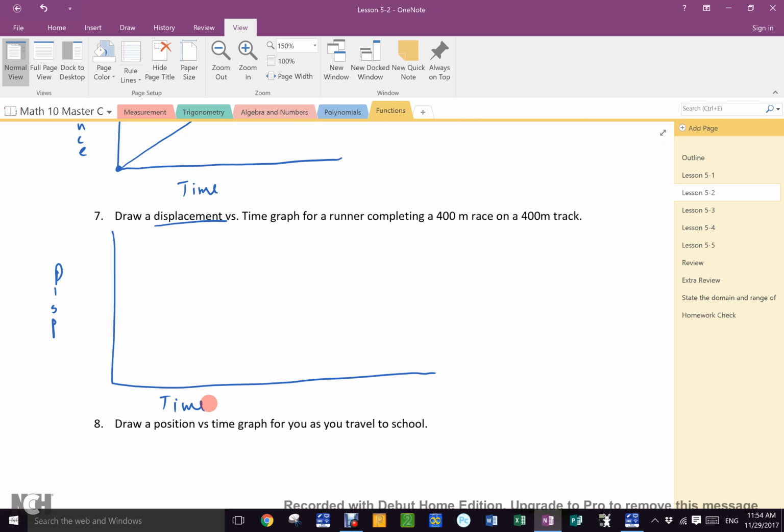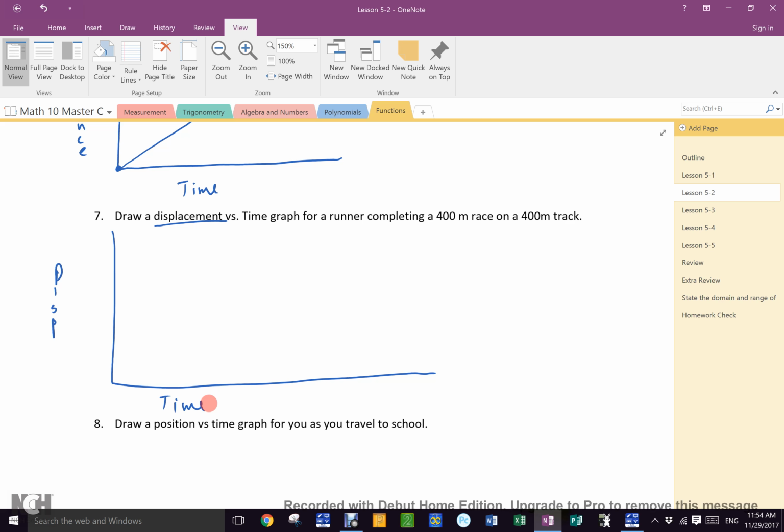If it is a straight line track, a quarter-mile track, and you are over in Mission, and instead of driving the car, you run the quarter mile, then what would the line look like? If you are running a 400-meter race on a 400-meter track that is a straight track, it would be the exact same as number 6, right?